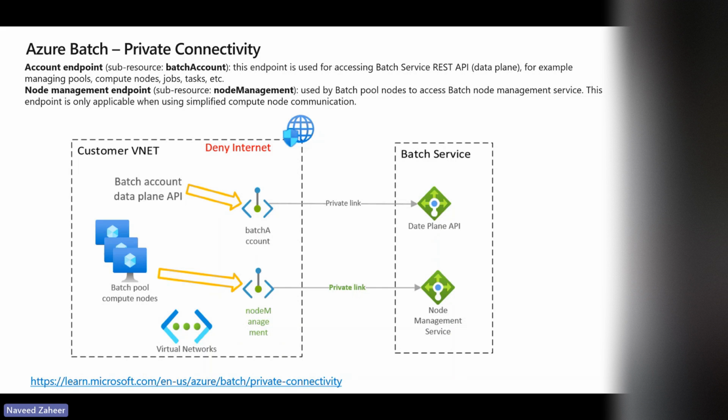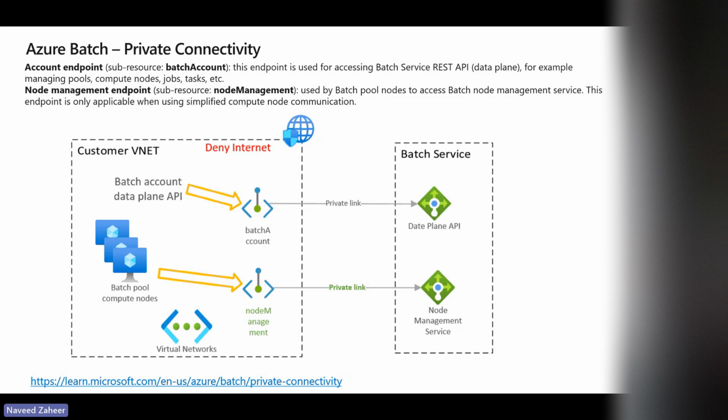Because we all know for an Azure VM to communicate outside, it has to have a public IP, or it has to be behind a public IP, a load balancer, or it has to have what we call a NAT, some sort of. So that's how it communicates over the internet. But if it doesn't have a public IP, how do you do that?